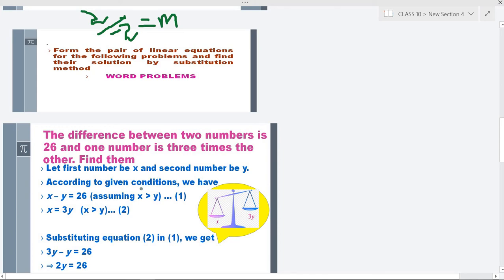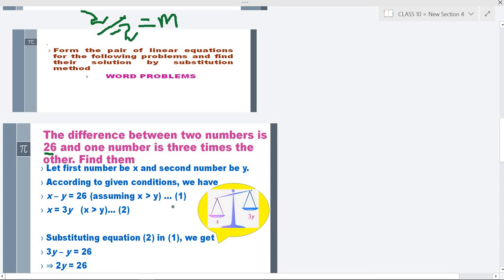Then according to the condition, you assume that x is greater than y. Once you assume x greater than y, it means you will subtract the smaller number from the greater number. So the first equation will be x minus y is equal to 26. From where did we get this 26? It's in the question, the difference is 26. So we formed equation 1.